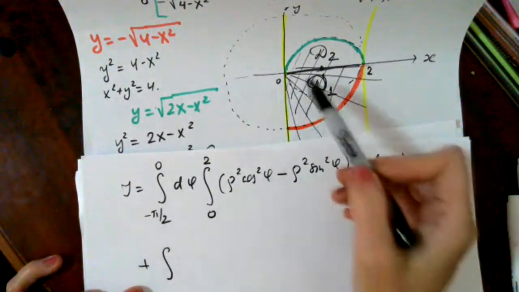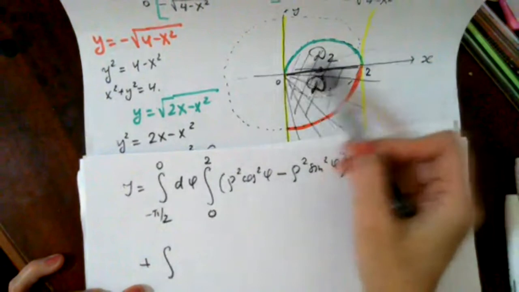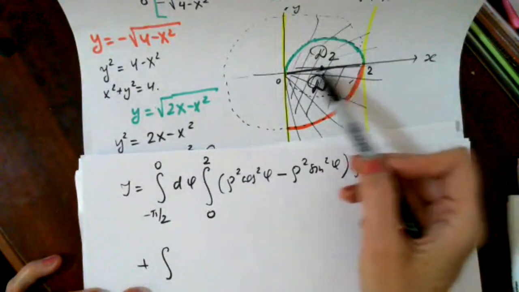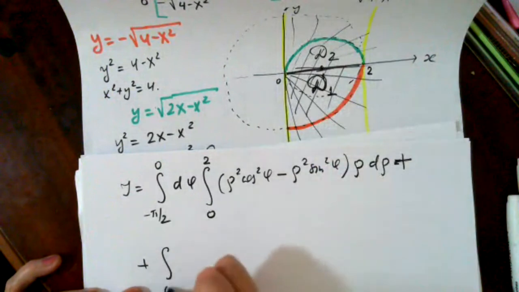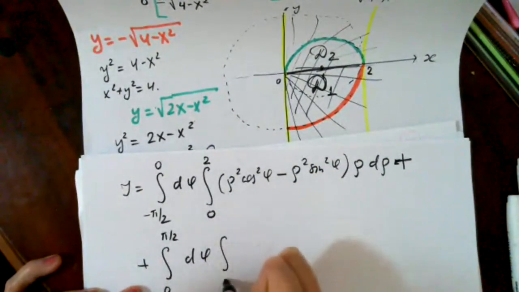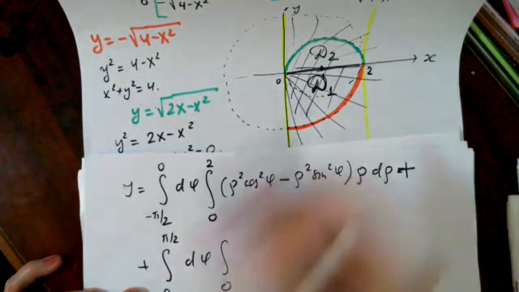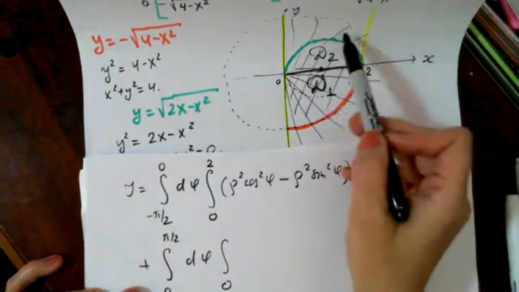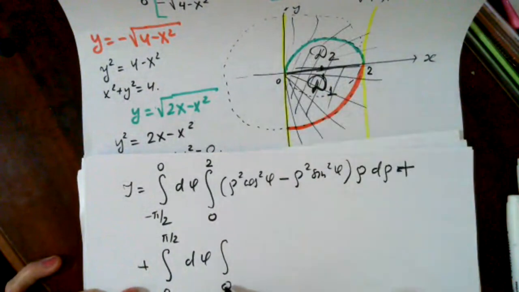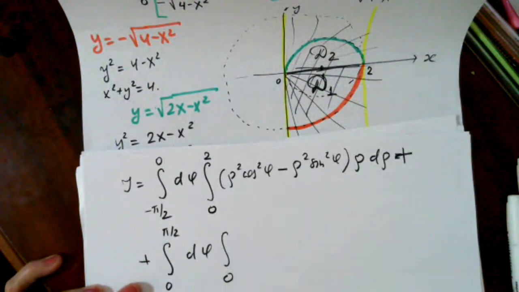Let's move to the next region. In the next region, your sweeping ray changes from the position corresponding to phi equal to 0 to phi equal to pi over 2, d phi. Okay, and the next move is to have a closer look at each ray to realize where it starts. It starts in the origin again, so I wrote 0 here.